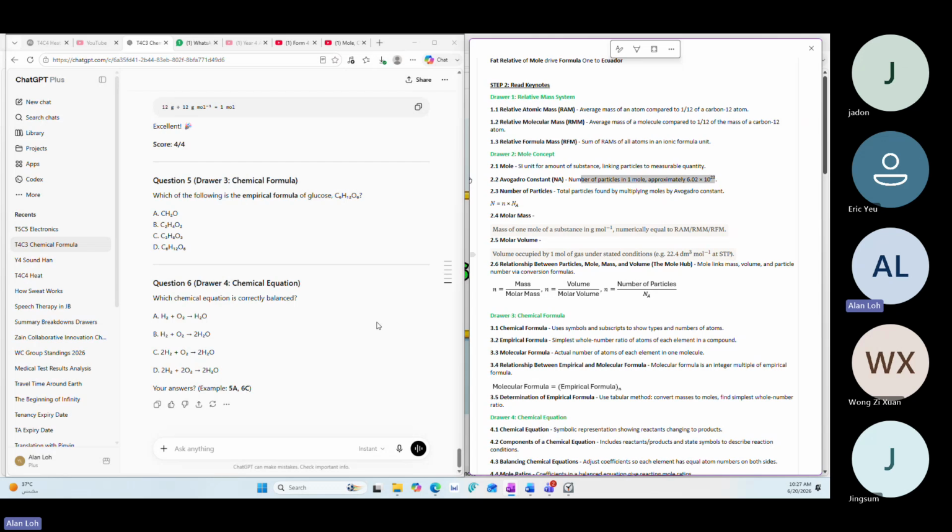Which chemical equation is correctly balanced? Number 5 is A. Number 6 is B. Anyone? Any other?